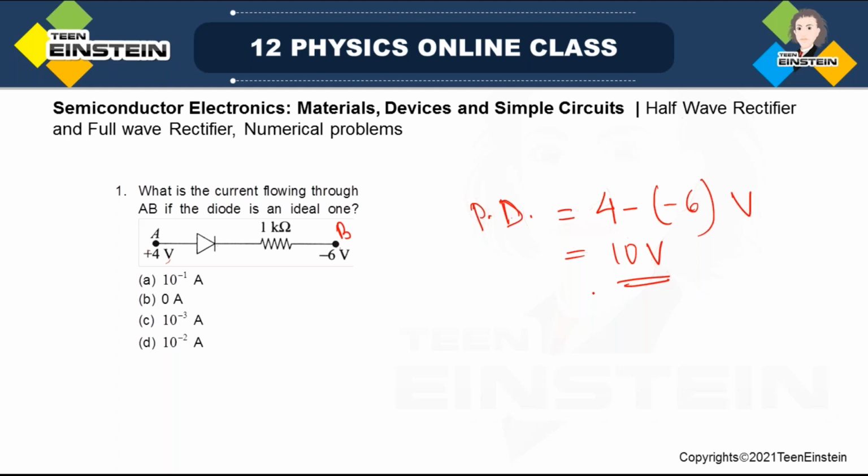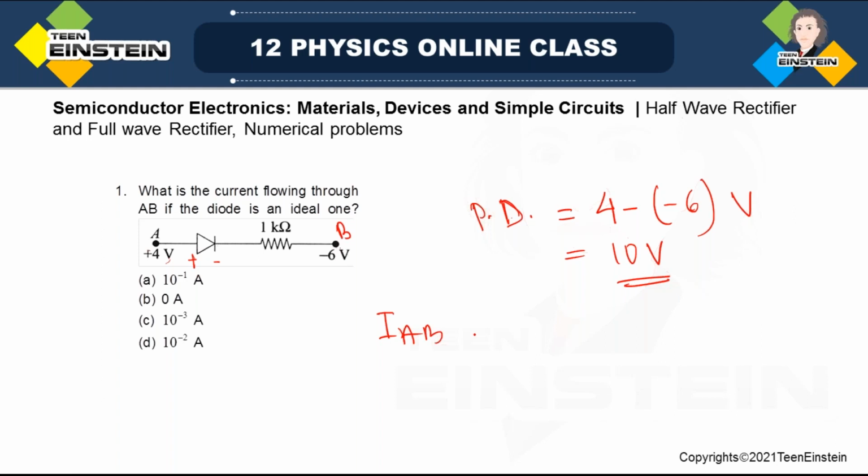Now one more point: since this is positive and this is at negative, it is forward bias condition. So there is not much to think now. We have understood the potential difference across points A and B. We know the resistance, that is 1 kilo ohm. So you can calculate the current through AB now.